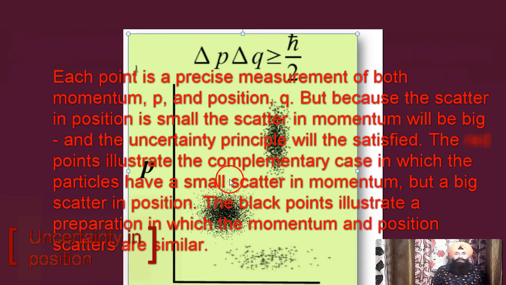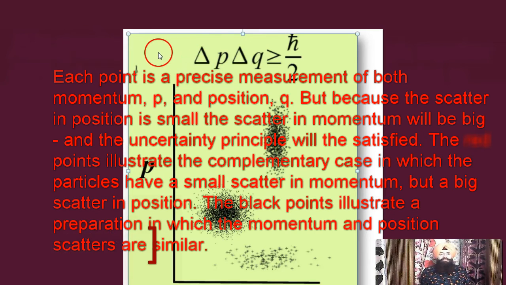Now, you know very well, I just explained that in the Heisenberg uncertainty principle there is no uncertainty in the experiments, and there is nothing wrong.